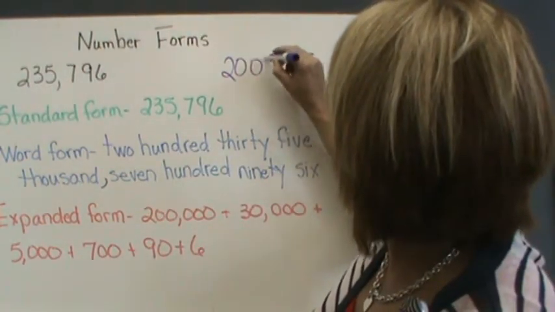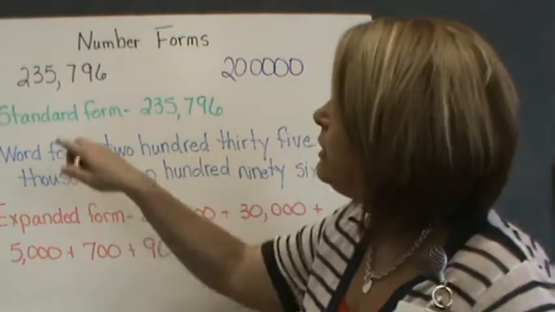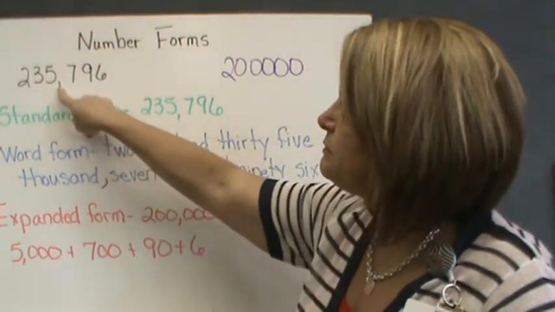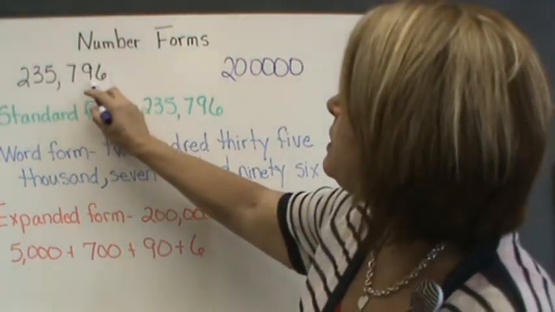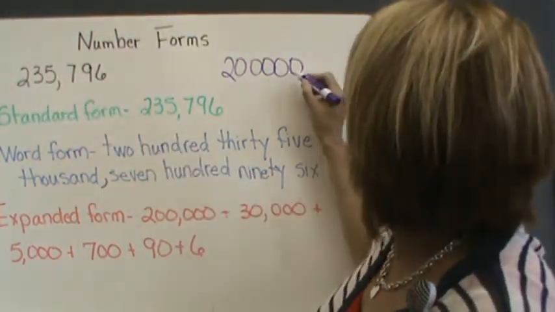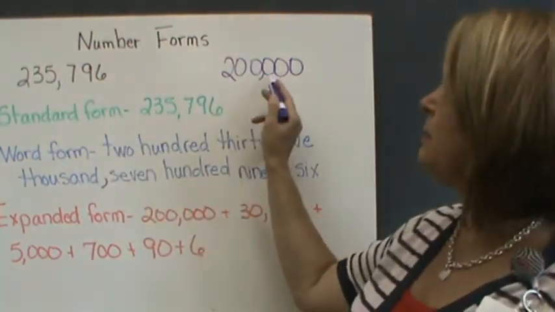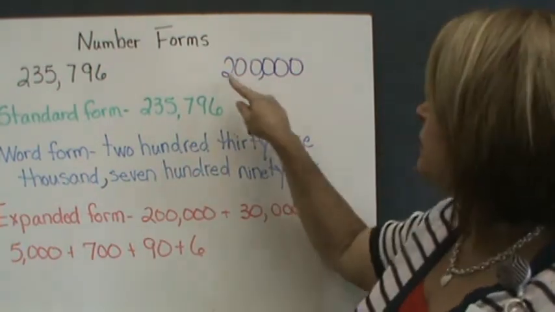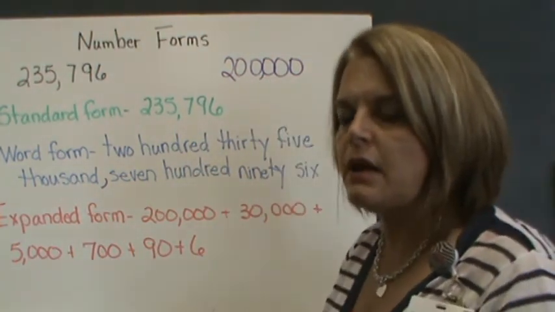But don't forget, you got to put that comma in there so that I can read the number more easily. So I count back 1, 2, 3, comma, 1, 2, 3, comma. And so now I can easily see that my 2 is worth 200,000 because that comma makes me say 1,000.